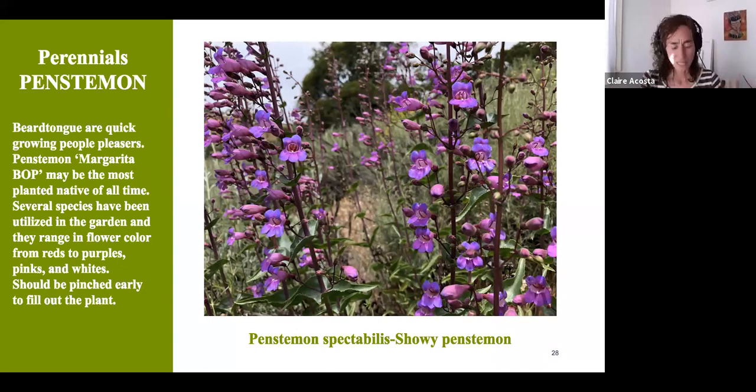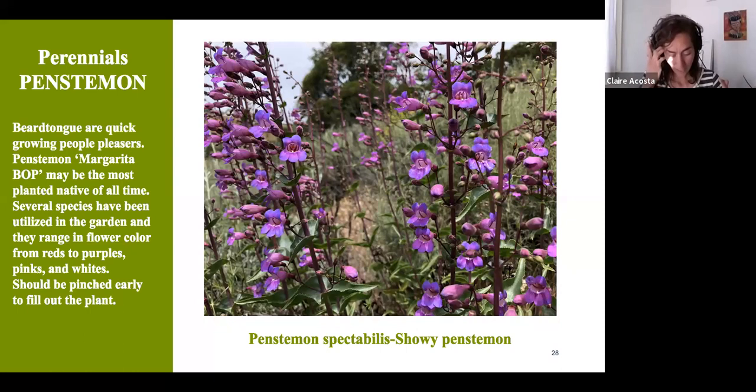Oh yeah, Margarita Bop, not on the easy list, I don't think, but it's on some easy list somewhere. It's definitely one of the most planted natives. People love it, obviously, it's so beautiful, the colors. But Margarita Bop is one of the more garden-unfussy of the penstemons. This picture is just Penstemon spectabilis, the showy penstemon.